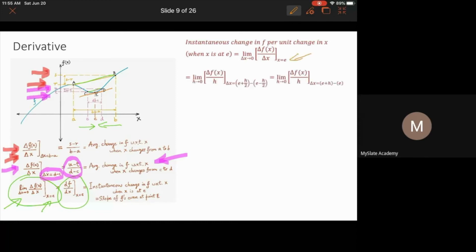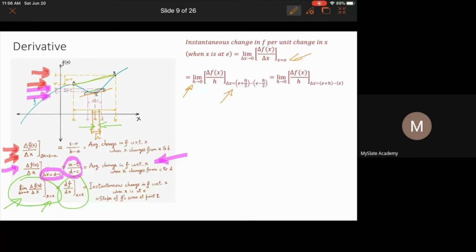Based on what we have discussed, I'm sure you can appreciate that we are talking about a very small interval delta x, right? So you could think of the width of the delta x interval as h. You could think of a very small interval on this graph, a very small interval around c whose width is h.